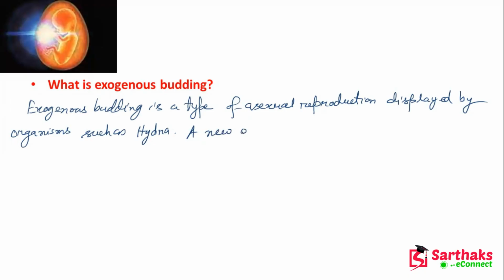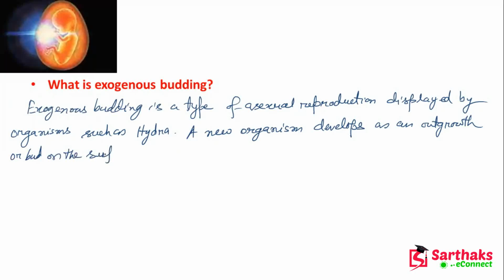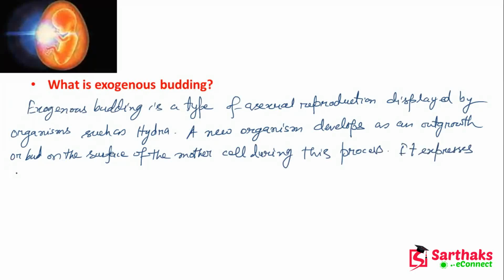A new organism develops as an outgrowth or bud on the surface of the mother cell during this process, and it expresses itself externally on the parent. Okay.